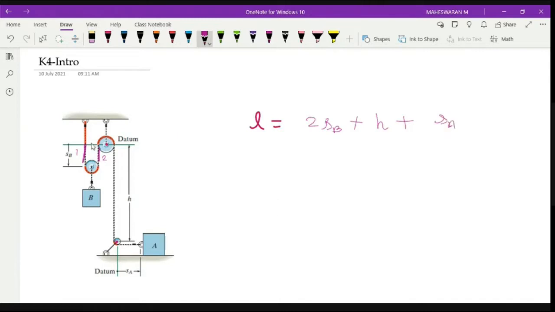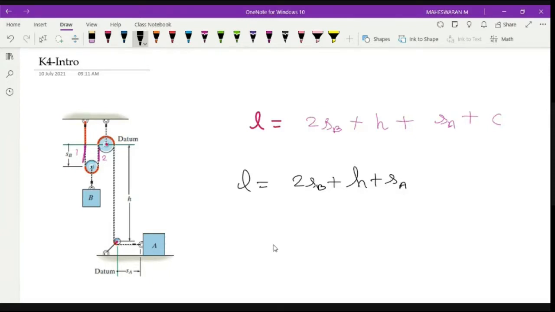Neglecting these other things, you can add them as a constant. Doesn't matter. Any doubt on this? No, sir. So I got my length: length is equal to 2SB plus H plus SA.